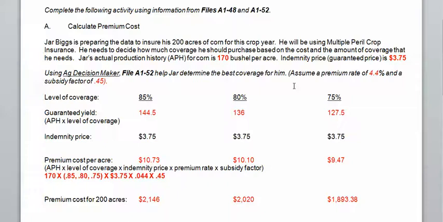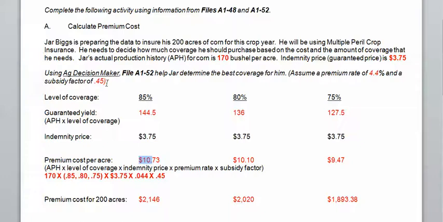Now, in most cases, in the real world, your crop insurance agent is going to come out and tell you these premium costs, and they're also going to do scenarios like this for you. But in this example, we're just going to presume that we have a premium rate of 4.4% and a subsidy factor of 45%.